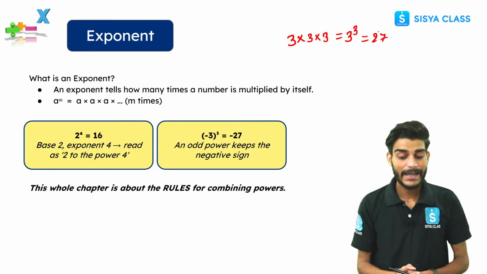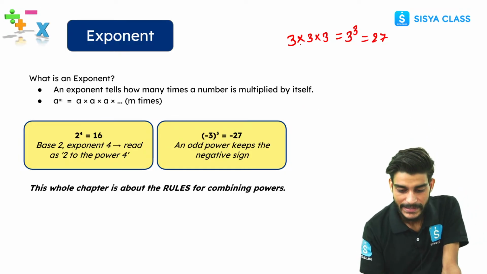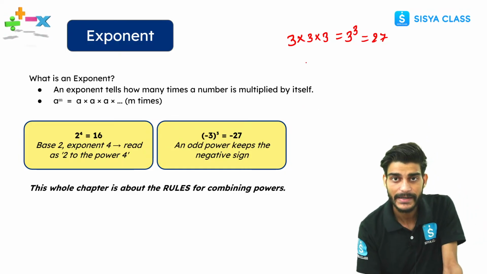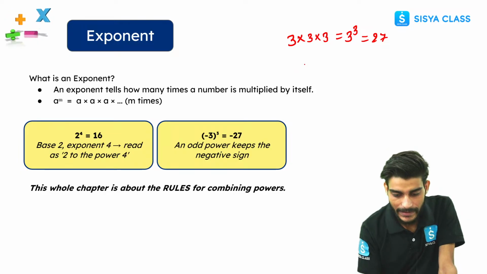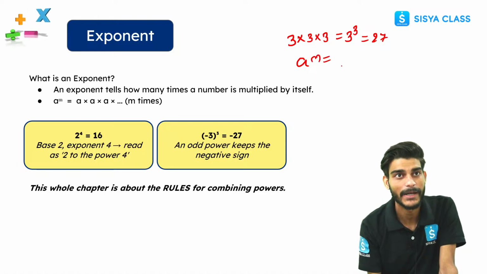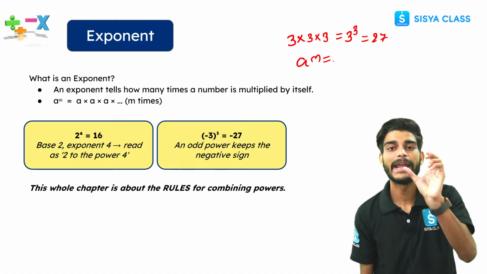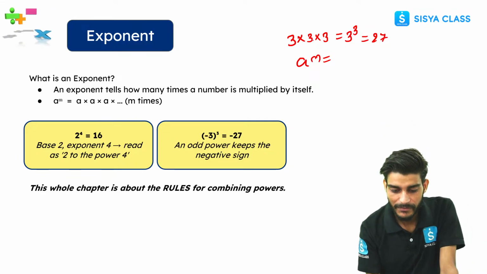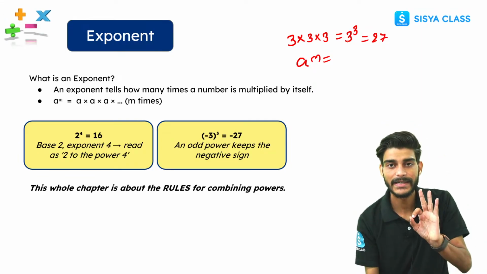Same thing. Exponent means powers, represented by a number raised to some power. Like if I write a raised to the power m, it means we are multiplying the same number a, m number of times. Like here we multiplied the same number 3 times.